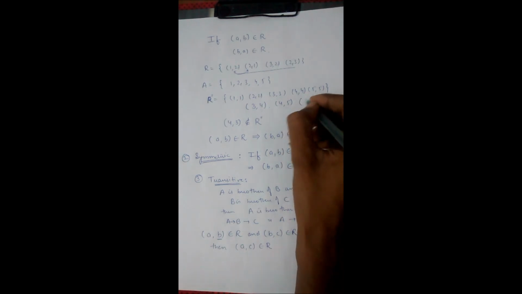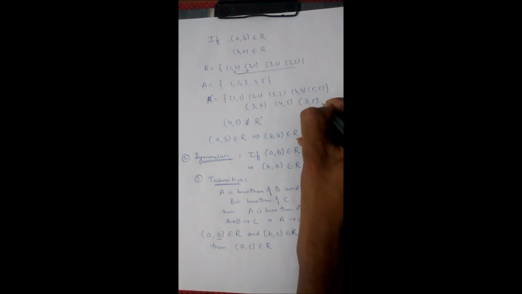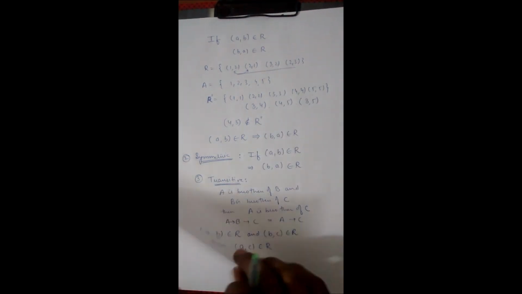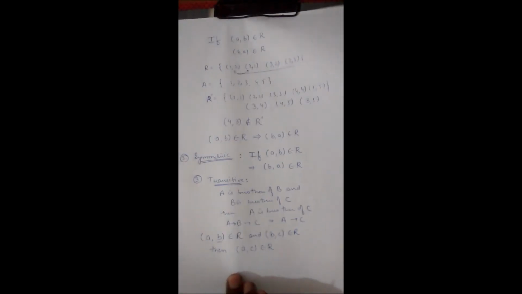Clear? So to make it transitive, I must include the pair 3 comma 5. We can make separate examples for these pairs to be transitive.